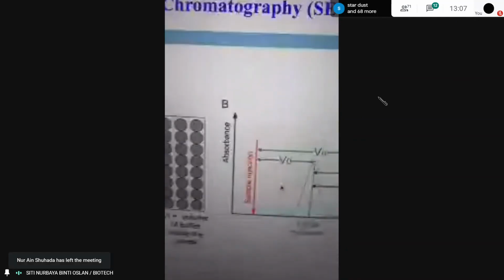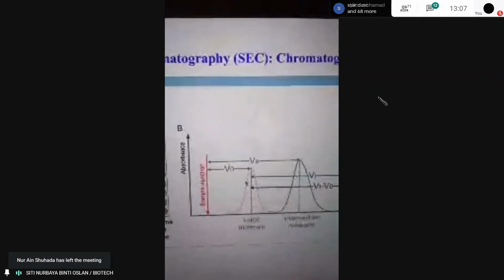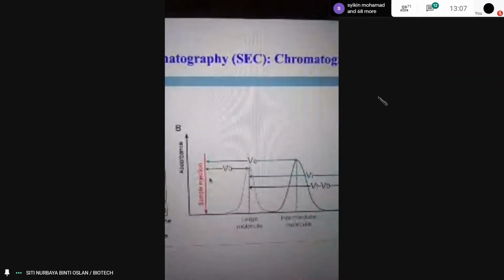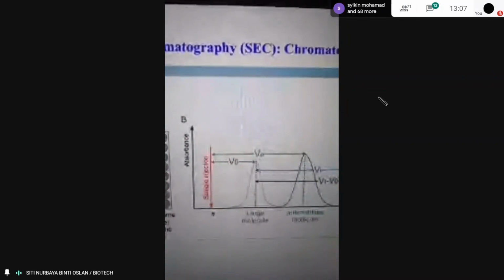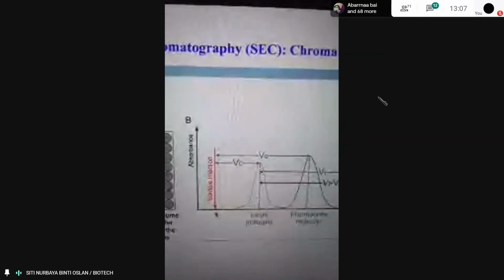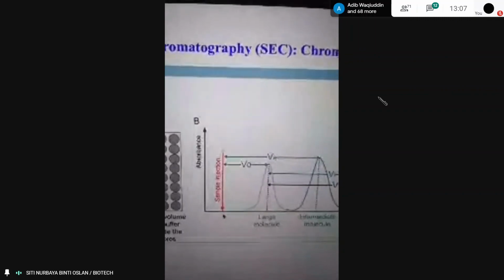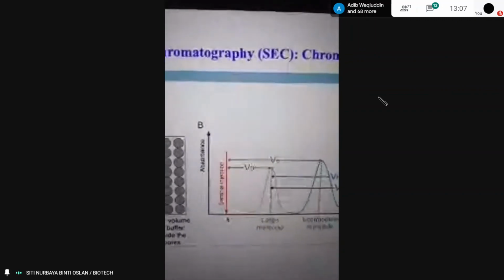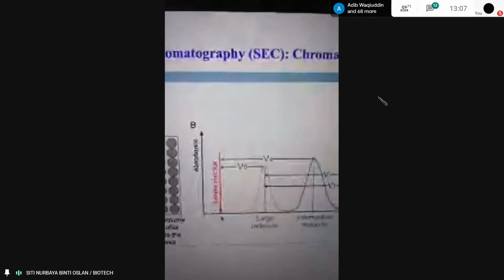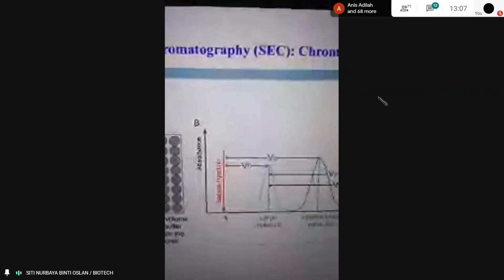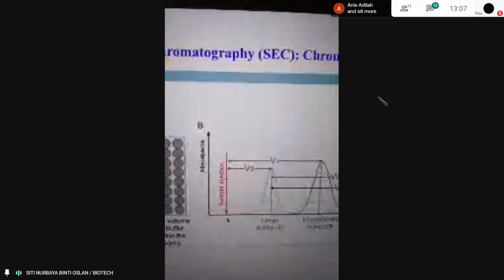So this is where the void volume will take place. When you apply your sample in your gel, in the gel filtration, for example G25, the G50 just now.